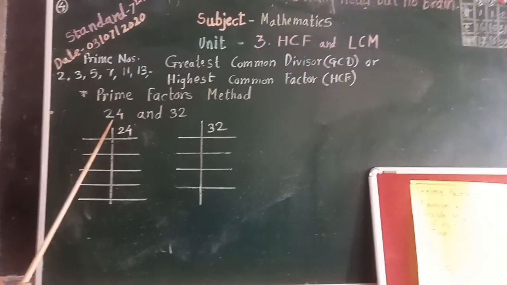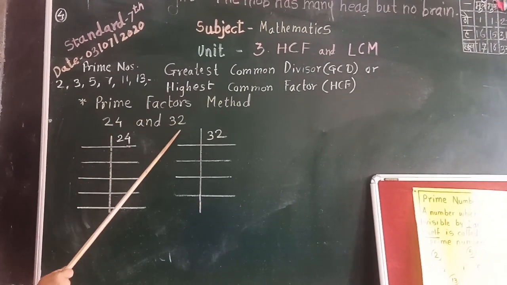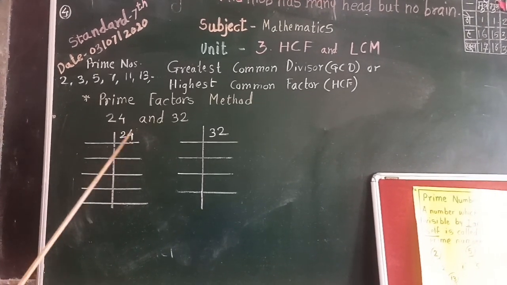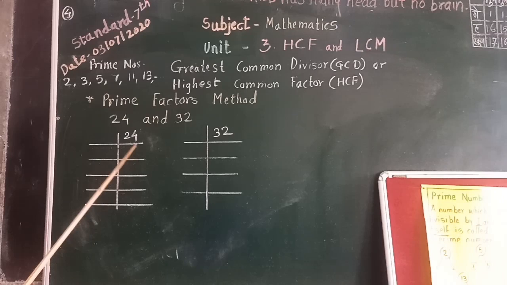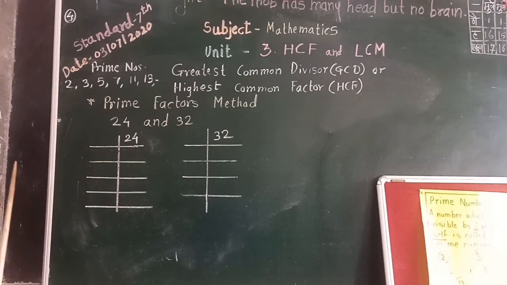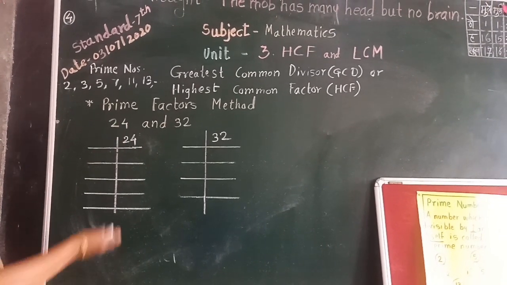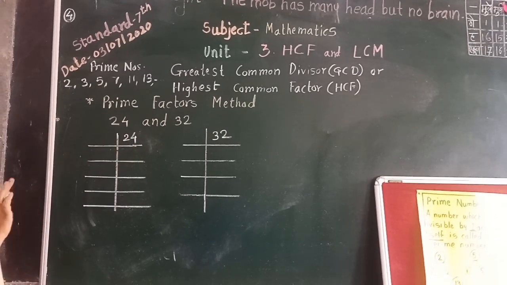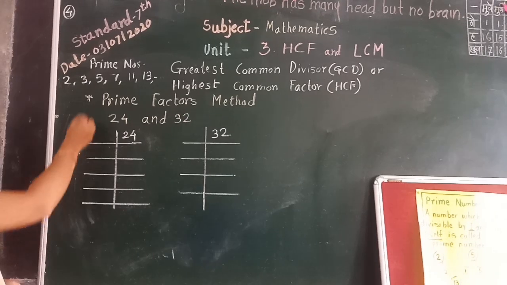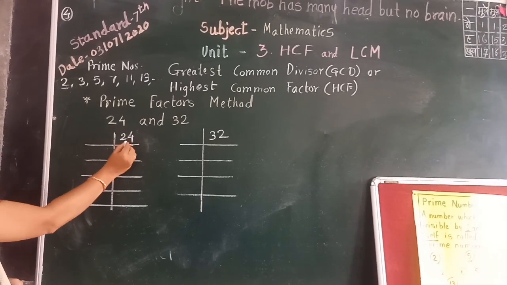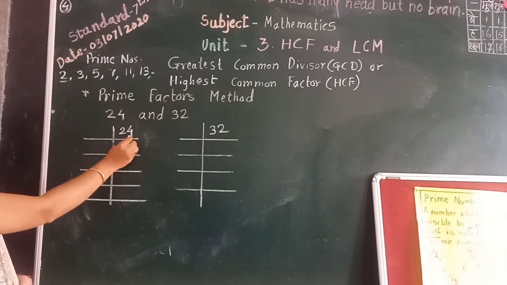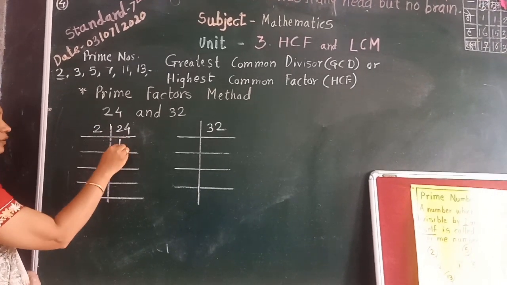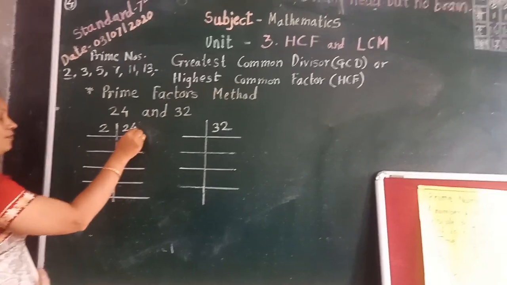Let us find the HCF of 24 and 32. First, we have to factorize these numbers. So let us find the factors of 24. We have to divide by only prime numbers. The first prime number is 2 and 24 is divisible by 2. So divide 24 by 2: 2 12s are 24.